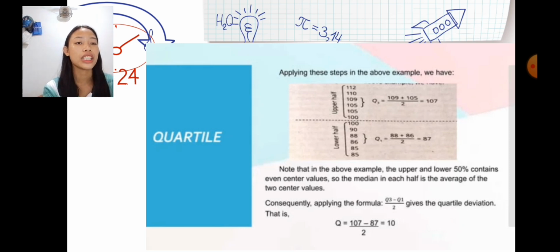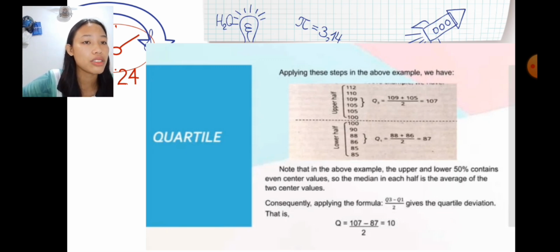The lower half includes all data below the median, while the upper half includes all data above the median. In calculating the third quartile, the upper half is 112, 110, 109, 105, 105. The third quartile is the average of 109 and 105, over 2, which equals 107.